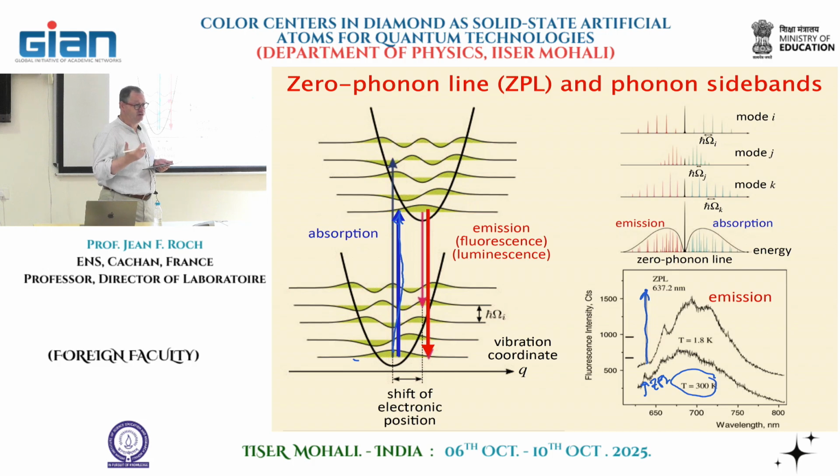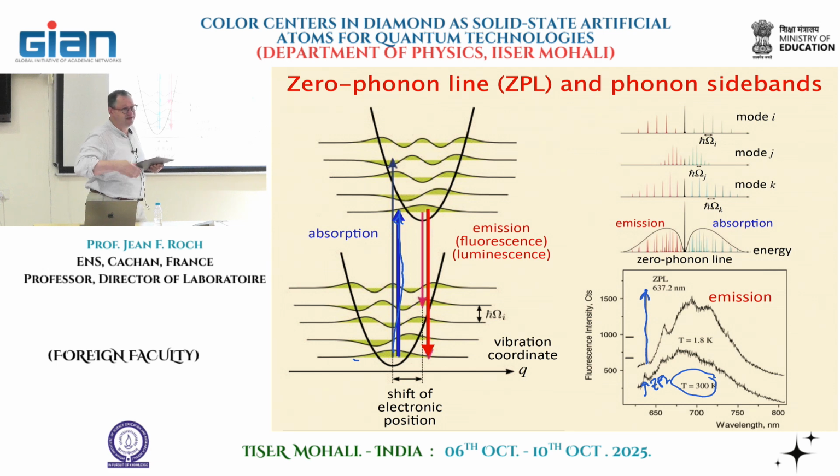The Debye-Waller factor is the proportion of light which is emitted in the zero phonon line compared to the emission for all wavelengths over the full spectrum. And in the case of the NV center, even at the lowest temperature you can reach, a few kelvins, the Debye-Waller factor will be around 20%.